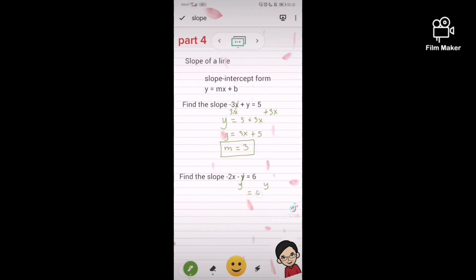So I have 6 plus y, and this is equal to negative 2x. Adding negative 6 on both sides, this becomes 0. I'm left with y on the other side, and negative 2x minus 6. So now we can identify the slope as negative 2.